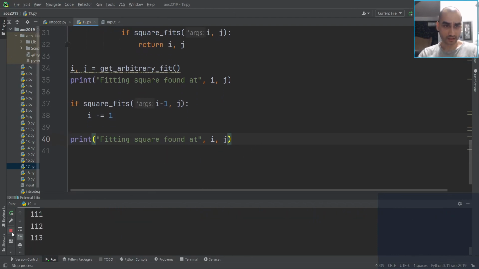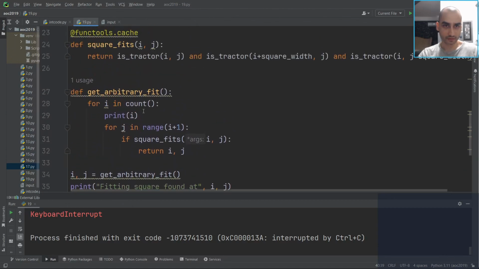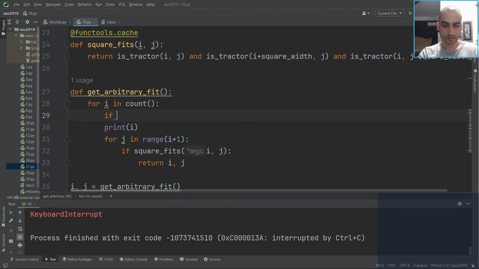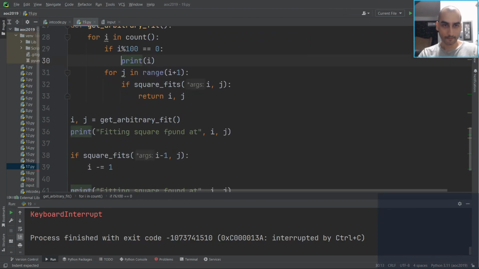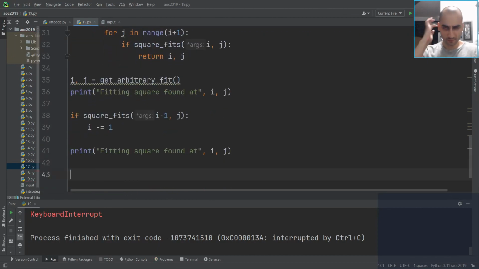Okay, stop printing the I's. So once we've done all that, we've got the leftmost, haven't we? So then what? Just print... let's have a look.